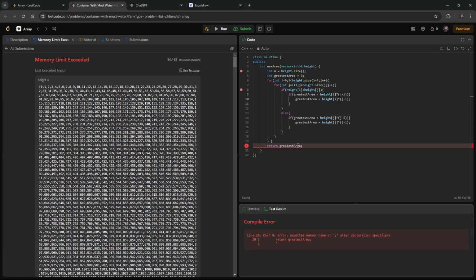Expected member or name, semicolon after declaration specifier. Return greatest area. So this loop is for this, this for is for this. So this shouldn't be a nested loop.